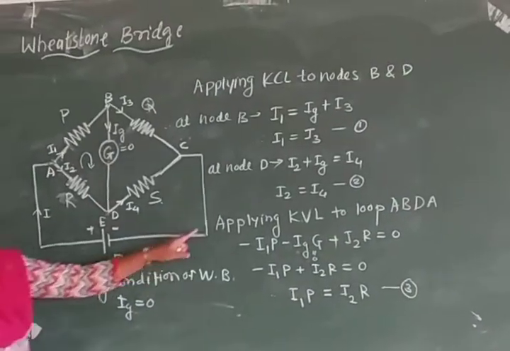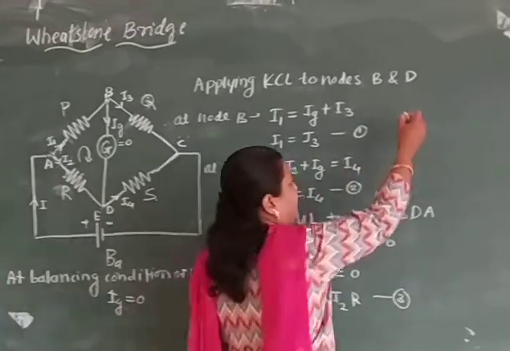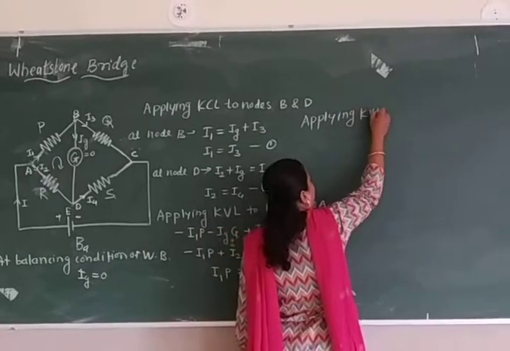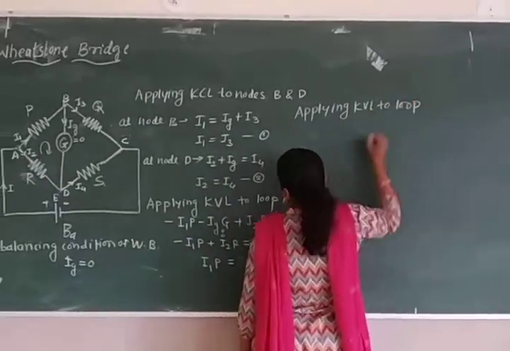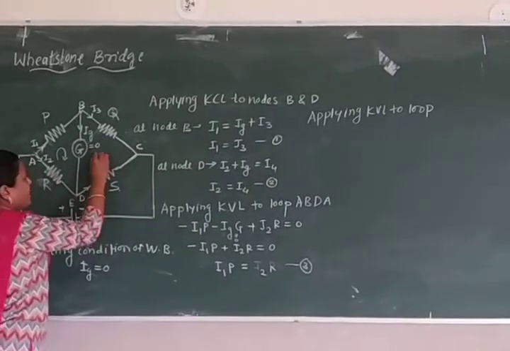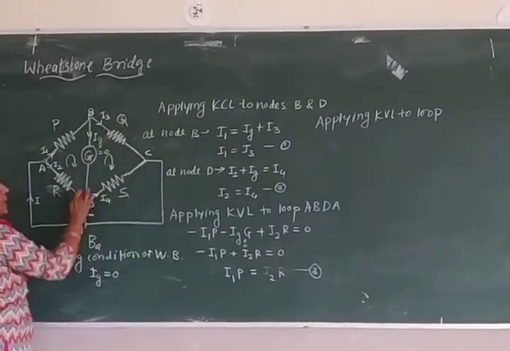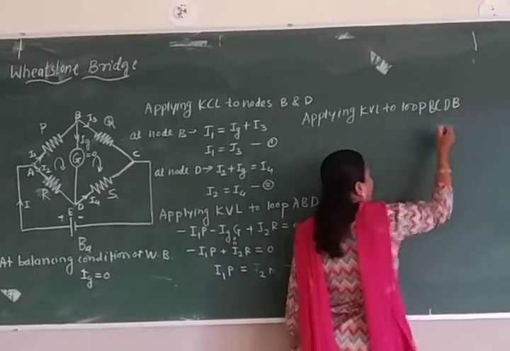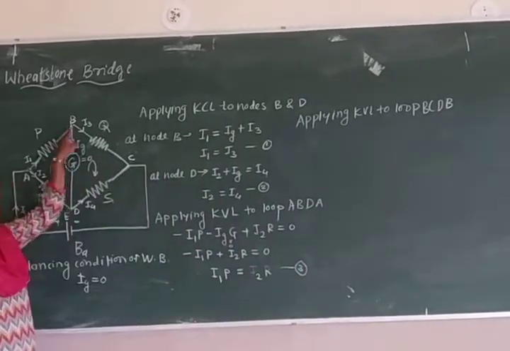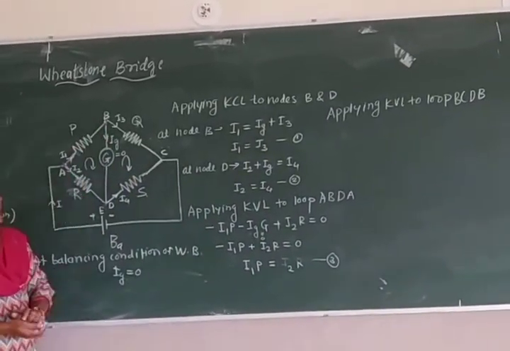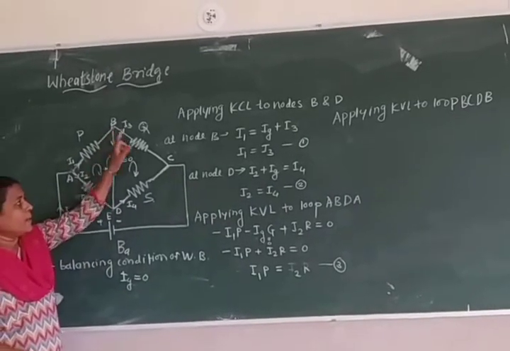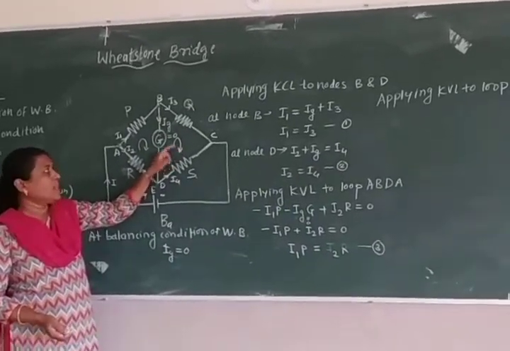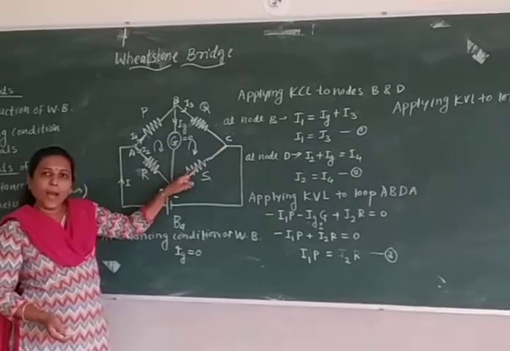Now we apply KVL to another loop we are considering here, loop B, C, D, B. Now in this loop, when we are moving from B to C to D to B, I3 is the current flowing in the direction of traverse, whereas Ig and I4 are in the opposite direction.